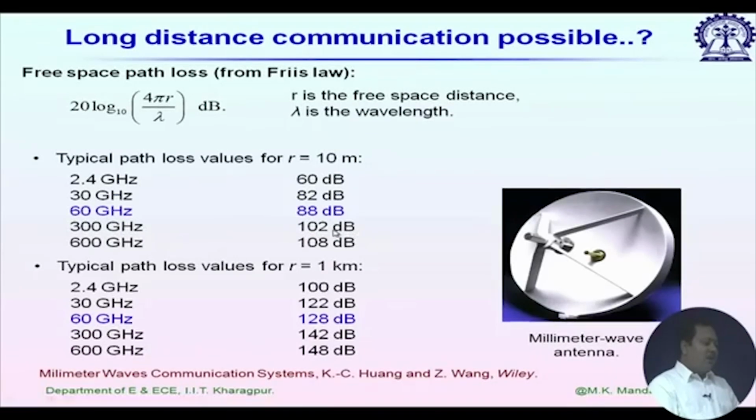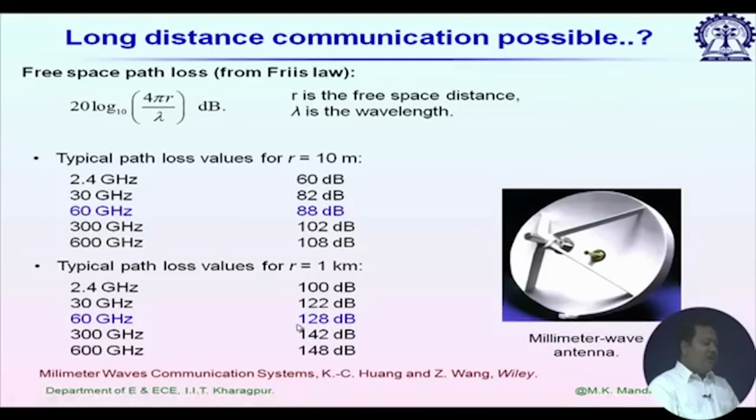So, now if I recalculate these values at r equal to 1 kilometer, at 2.4 gigahertz we can see the previous path loss was 60 dB, now it has increased to 100 dB, and at 60 gigahertz from 88 dB it now increases to 128 dB.